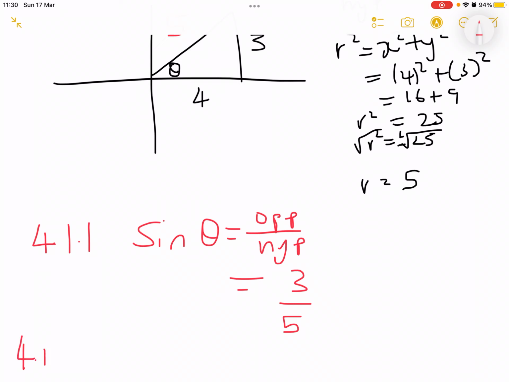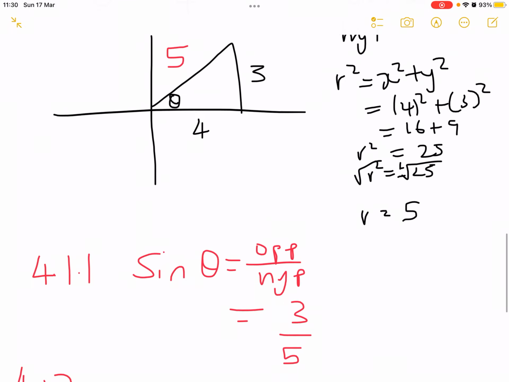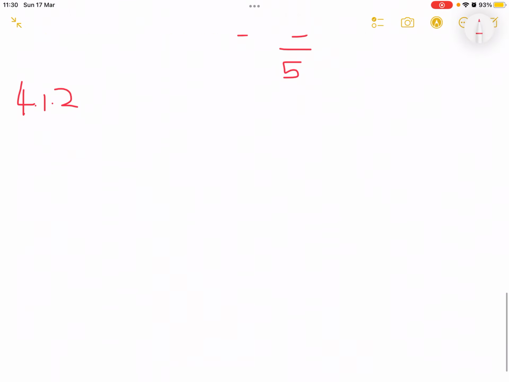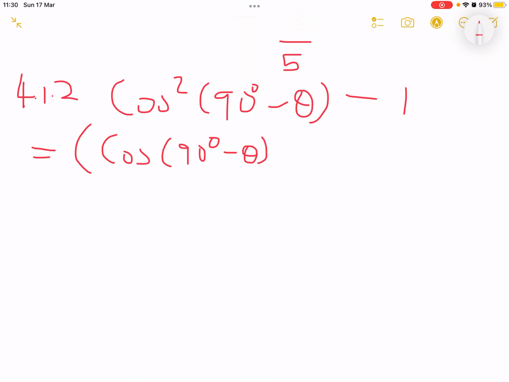And in 4.1.2, what are they looking for? They are looking for cos squared of (90 minus theta) minus 1. I always tell my learners that if you have cos squared of an angle, always take it up to becoming cos of that angle, which in here is 90 minus an angle, and you square it, minus 1.